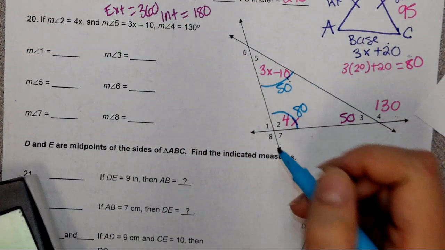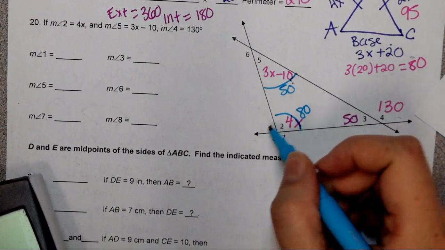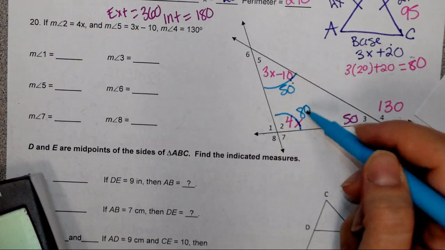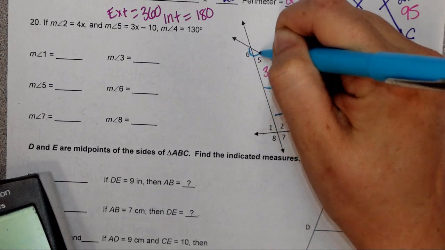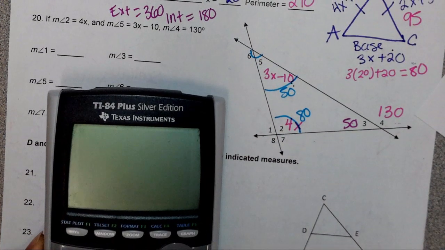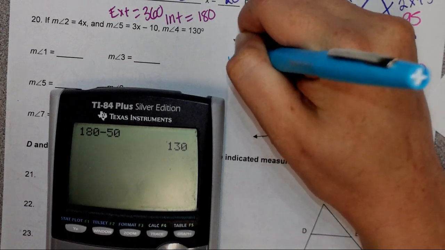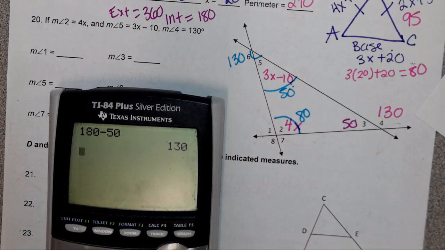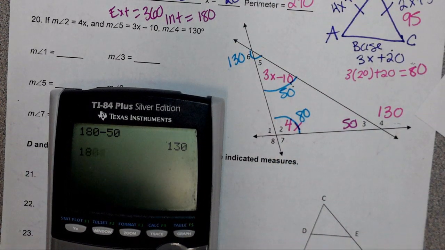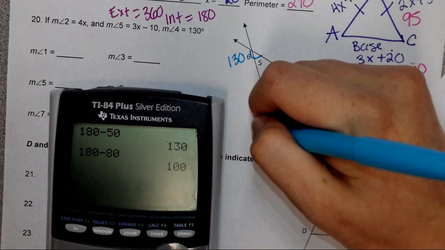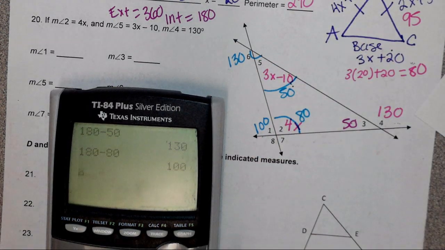All right, now I can use this information to go get these exterior angles. So like 6 and 5, those form a linear pair, so 180 minus 50 gives me that 6 is 130. Okay, 180 minus 80 gives me that 1 is 100.